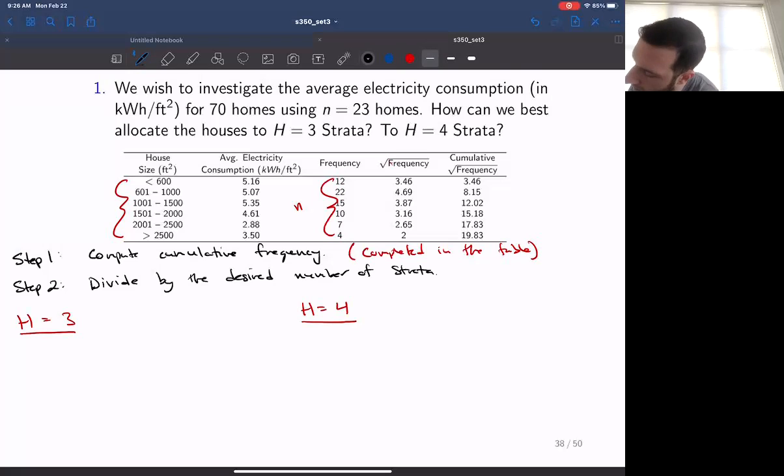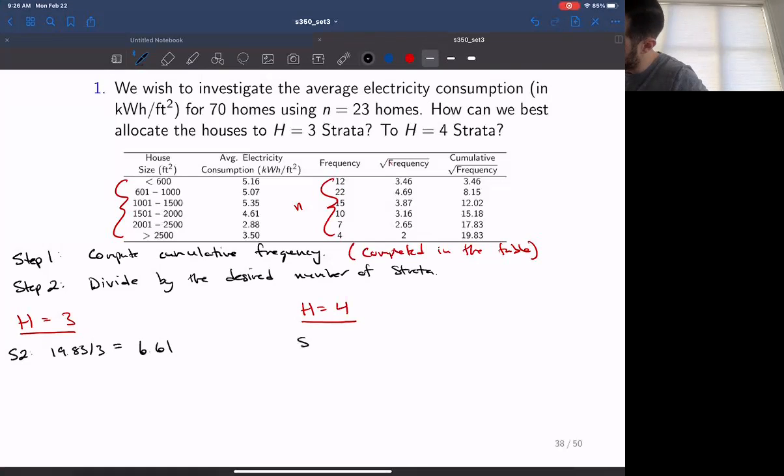And then on step two, we would have 19.83 divided by 3, which is equal to 6.61.